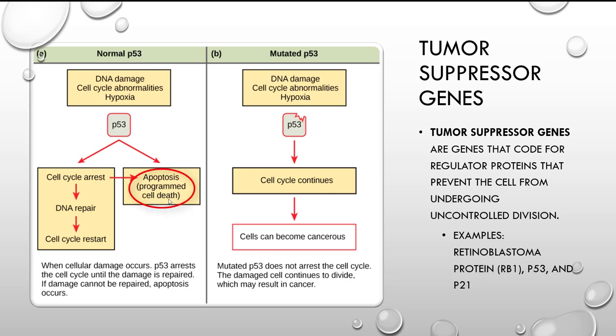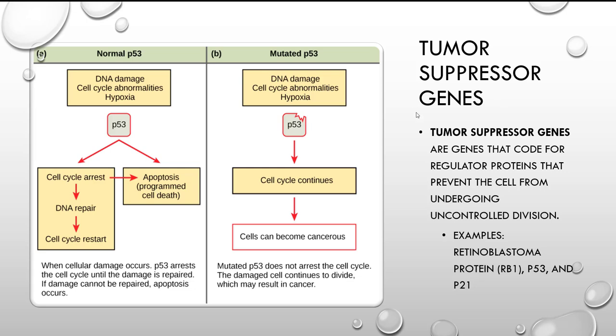Okay, so apoptosis is just a fancy word for cell death or cell suicide. So the cell will self-destruct. Okay, so it knows that something is wrong with it. Its DNA inside is damaged, and so it needs to undergo programmed cell death.